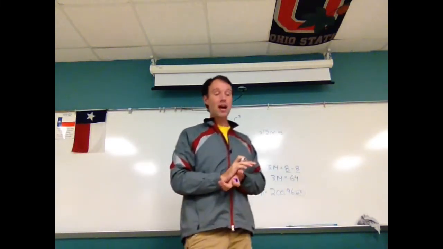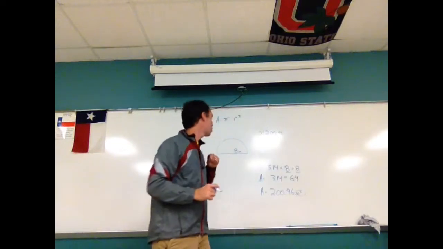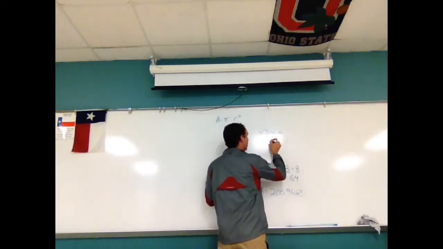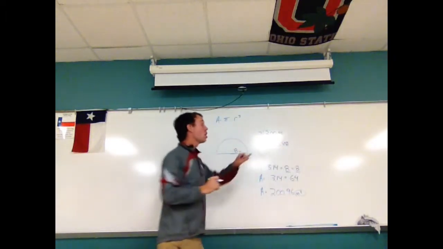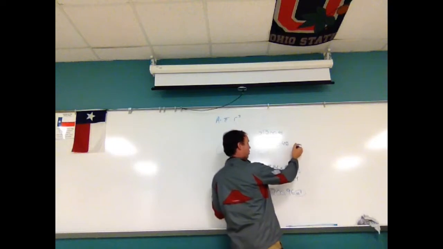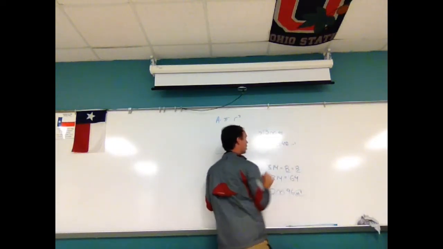If I divide 200.96 by 2, I'm going to get an answer of 100.48. Okay? And by the way, that's inches squared.